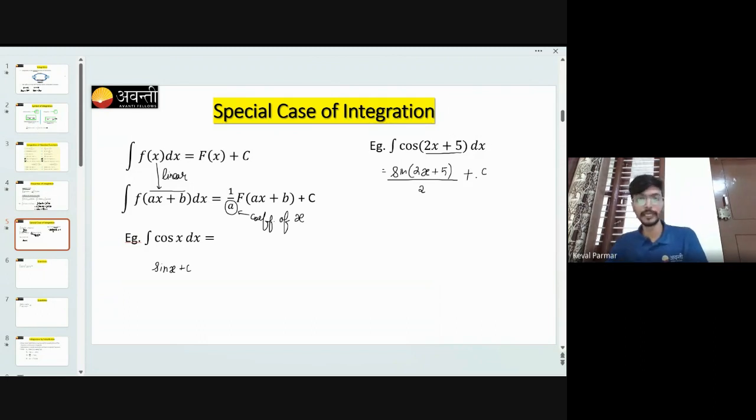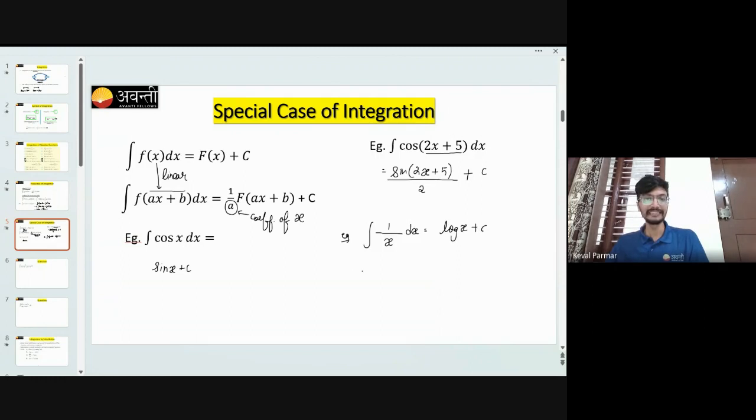Let us try one more time. Suppose say example, I get integration of 1 upon x. We know the integration of 1 upon x is log x.